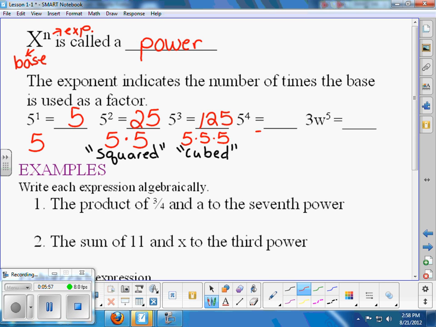Next, 5 to the fourth power, 5 times 5 times 5 times 5 is 625. And lastly, 3 times w to the fifth power, we cannot evaluate that because we do not know what w equals. It would simply be 3 times w times w times w times w times w.